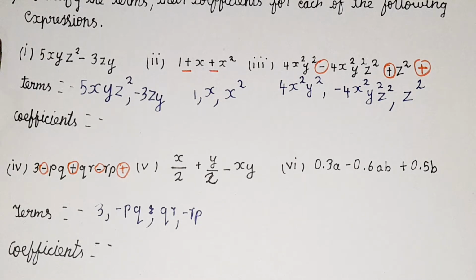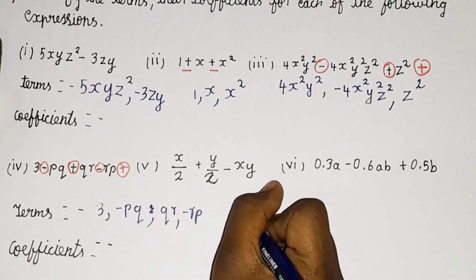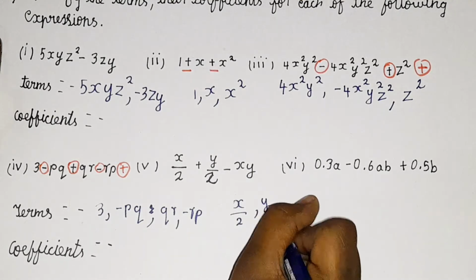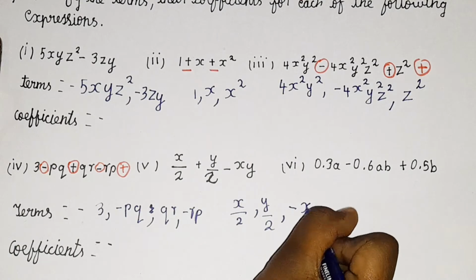The next one is x square plus y square minus xy. Here also it's really easy. Don't think it's going to be hard since it is a fraction. The terms are x by 2, comma, y by 2, comma, minus xy.